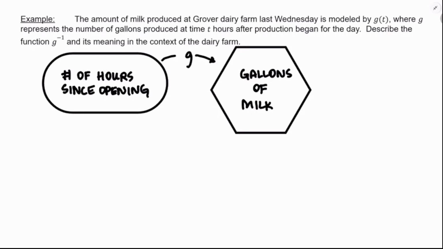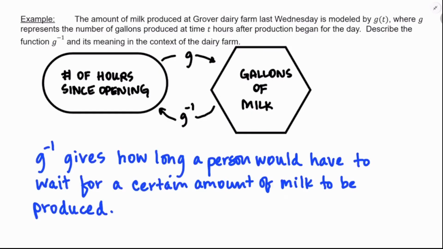That seems reasonable. So g inverse is going to go in the opposite direction, and it's going to take a number of gallons of milk produced and tell you how long since the opening that would happen. Like, when do I reach, I don't know, 1,000 gallons of milk produced? So if you were a customer, g inverse would represent how long you'd have to wait for a certain amount of milk to be produced for the day.